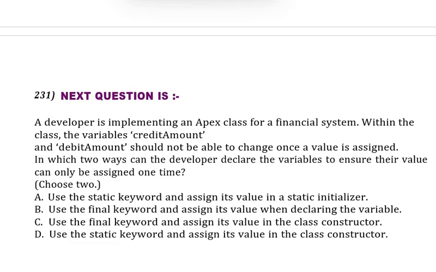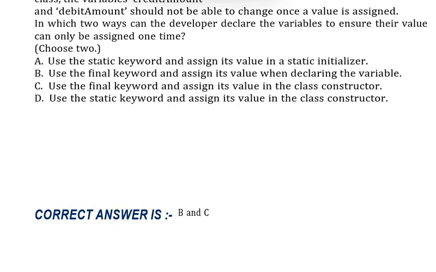Option A, use the static keyword and assign its value in a static initializer. Option B, use the final keyword and assign its value when declaring the variable. Option C, use the final keyword and assign its value in the class constructor. Option D, use the static keyword and assign its value in the class constructor. Correct answer is option B and option C.